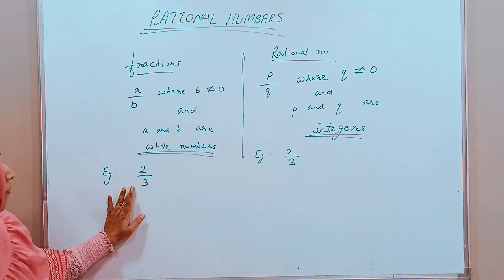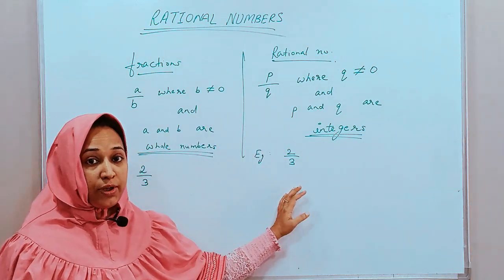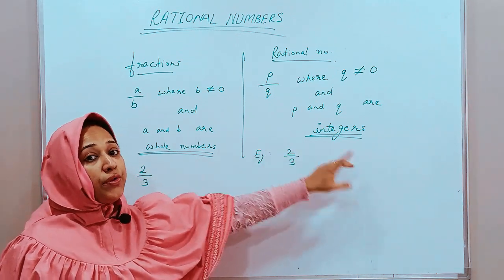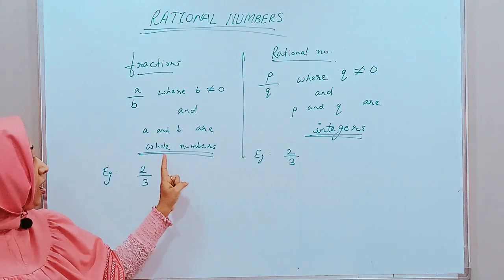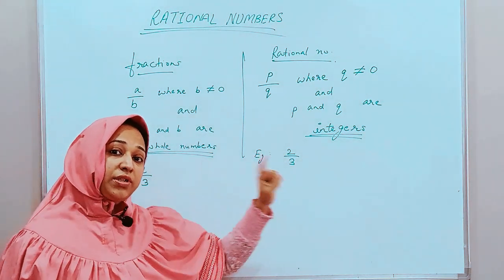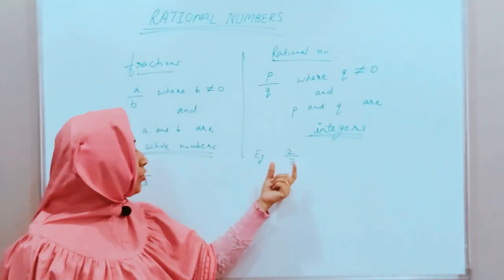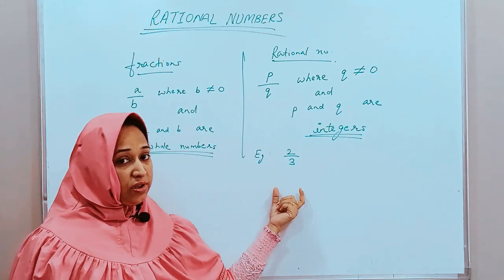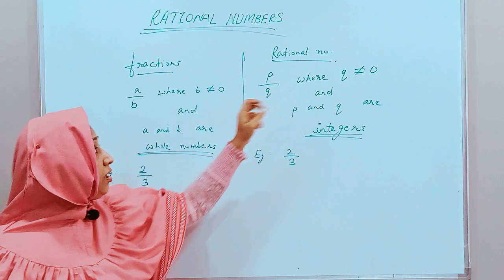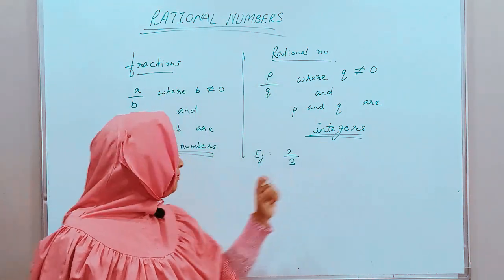For fractions the example was 2 upon 3, and for a rational number also it is 2 upon 3. Why? Because integers also include whole numbers: whole numbers are 0, 1, 2, 3, 4, 5, and integers are negative numbers, positive numbers, and 0. So whole numbers are also integers. So 2 upon 3 is a fraction, and it is a rational number also. The only difference between fractions and rational numbers is that fractions have whole numbers, rational numbers have integers.